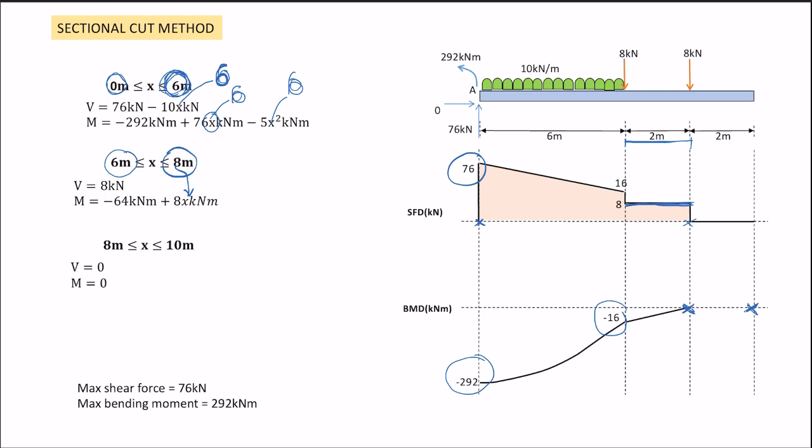For example, kalau X sama dengan 2 meter, you nak dapat berapa value V dia, you boleh cari dengan masukkan dekat mana? The first one ni lah, sebab inilah boundary dia. 0 sampai 6 meter. X sama dengan 2 meter tu masih dalam boundary ni. So, replace lah dalam the equation itu. Then you can get the value at that particular point.